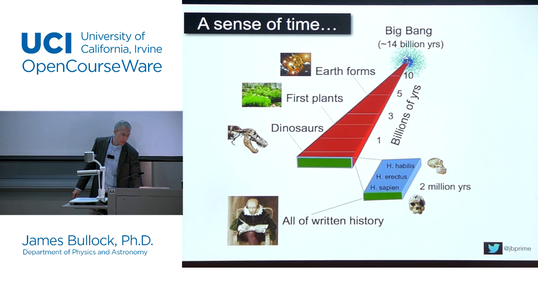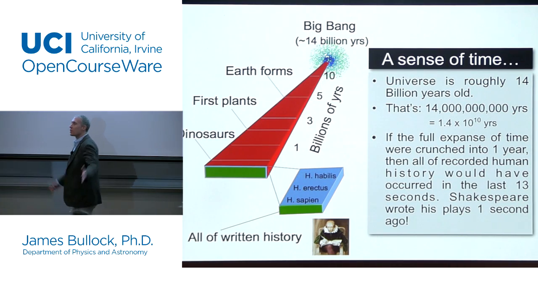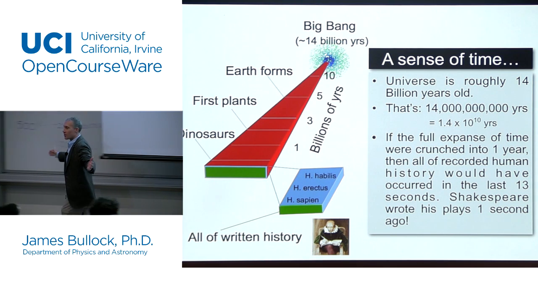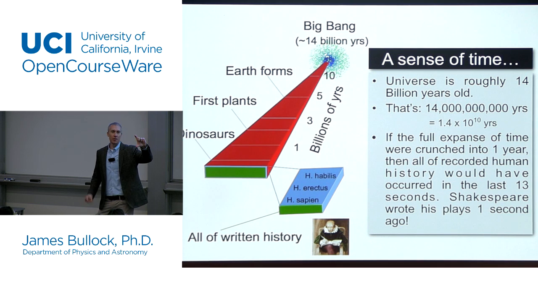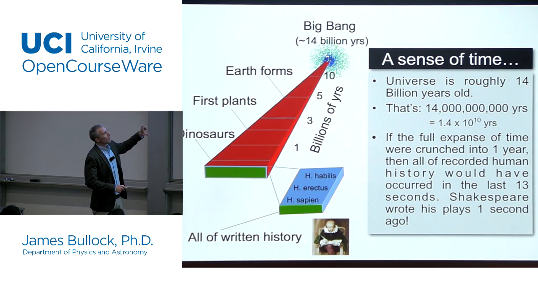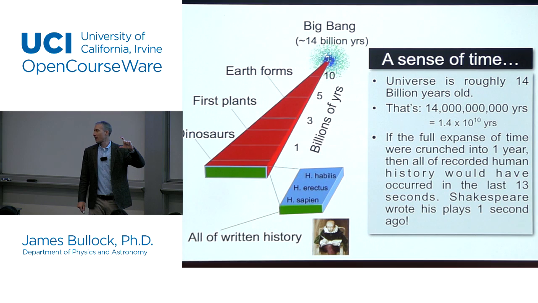Another way of thinking about this is, imagine you took the 14 billion year history of the universe and scrunched it down into a year. And you tried to think of relative times. If you did that, then all of recorded human history would have happened in the last 13 seconds.